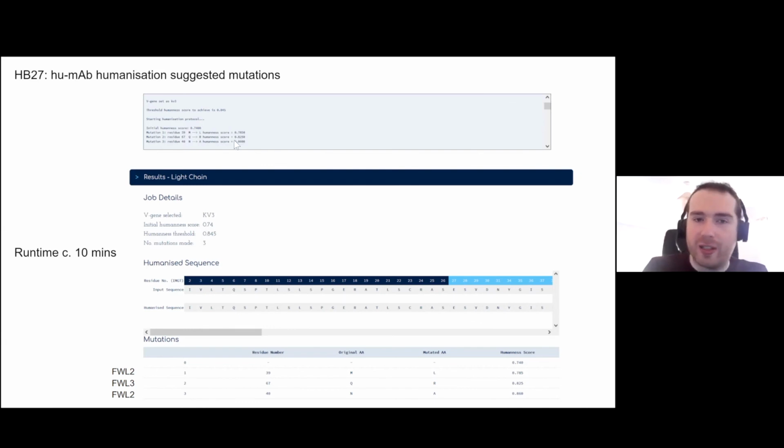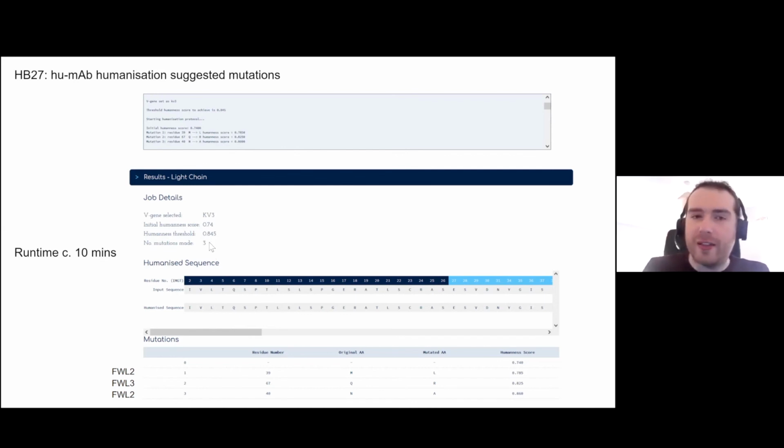So you can see that we started with a humanist score of 0.74, and for this particular V gene type, we're aiming for a humanist score of about 0.84, which is what would see it regarded as human. So we can see we're reasonably close. It's not too far off of looking human.